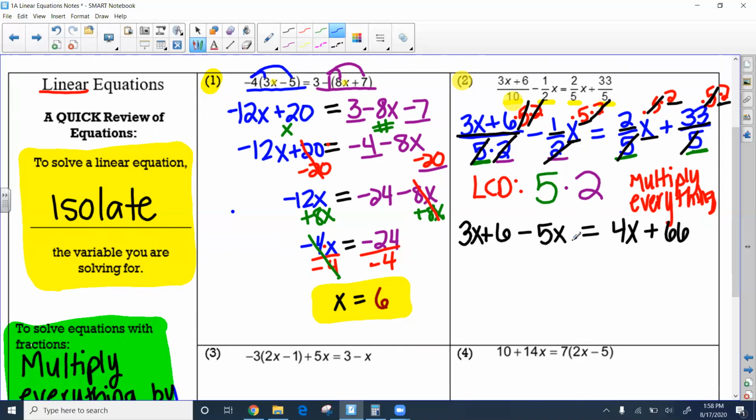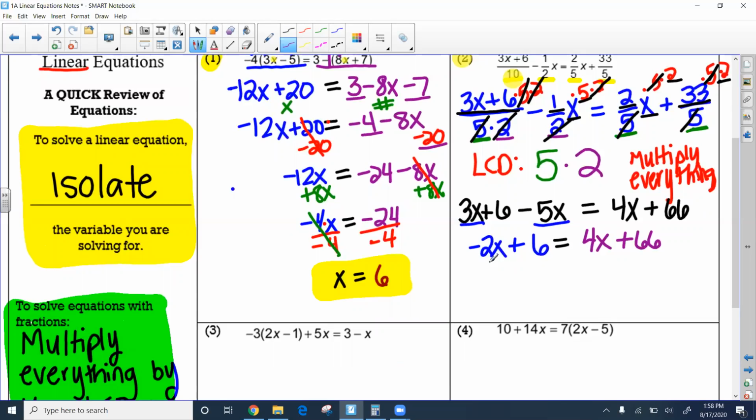Remember, we have to simplify each side separately. So the left side here, I can combine like terms. That will give me a negative 2x plus 6 on the left. All I did was combine a positive 3x and a negative 5x. On the right, there are no like terms, so I just have 4x plus 66.